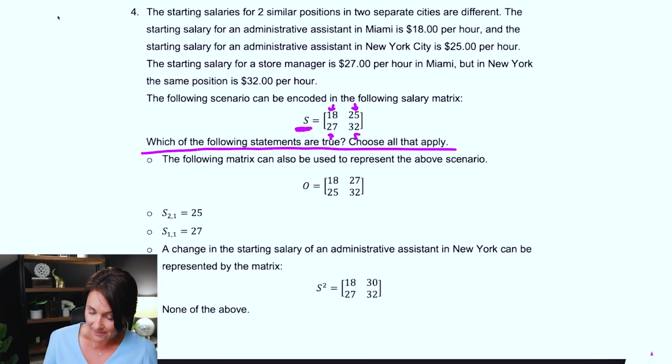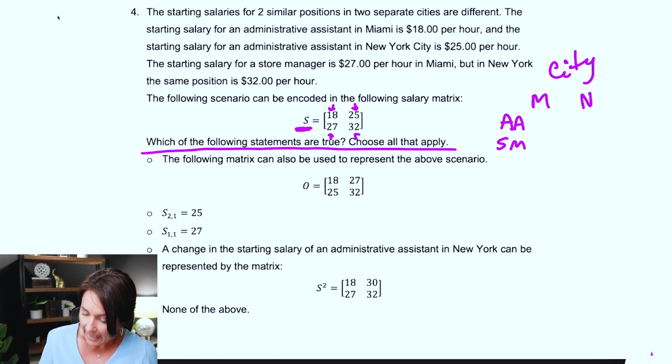So in this case, the matrix goes like this. This is Miami, this is New York, and this is, let's do AA for admin assistant, and this one is store manager. So the columns are the cities, and the rows are the positions.